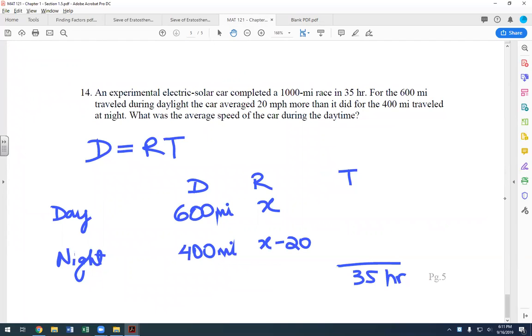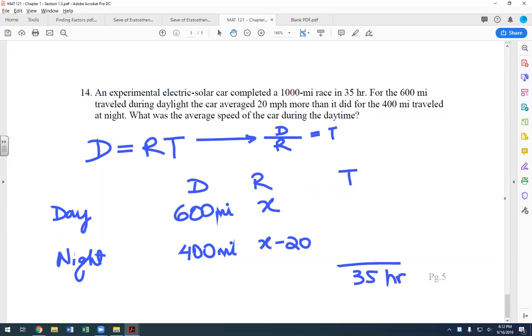Now, the way we're actually going to set up this equation is going to start out looking a little bit different, but when we clean it up, you will see where that quadratic is coming from. You will need to rearrange your distance formula for time, which means we will have distance over rate equals time, because we know together it should take them 35 hours to get this journey completed.